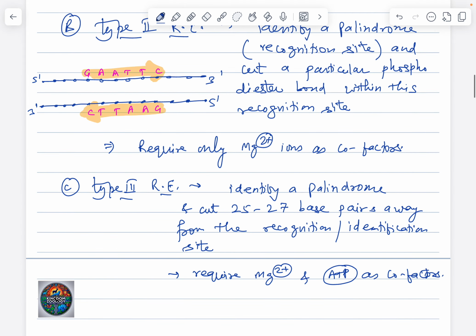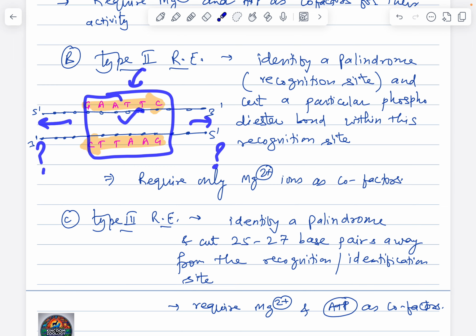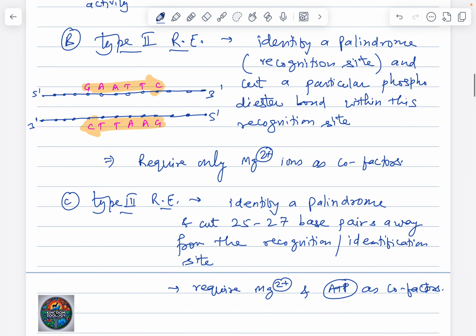So see, the situation is there is only one type of enzyme out of these three that is identifying a palindrome and cutting the phosphodiester bonds within that palindrome. The other two types, type 1 and type 3, will be identifying a palindrome. So the identification site for them is fixed. But where exactly would they introduce cuts? That is not fixed for the type 3 and type 1 enzymes.